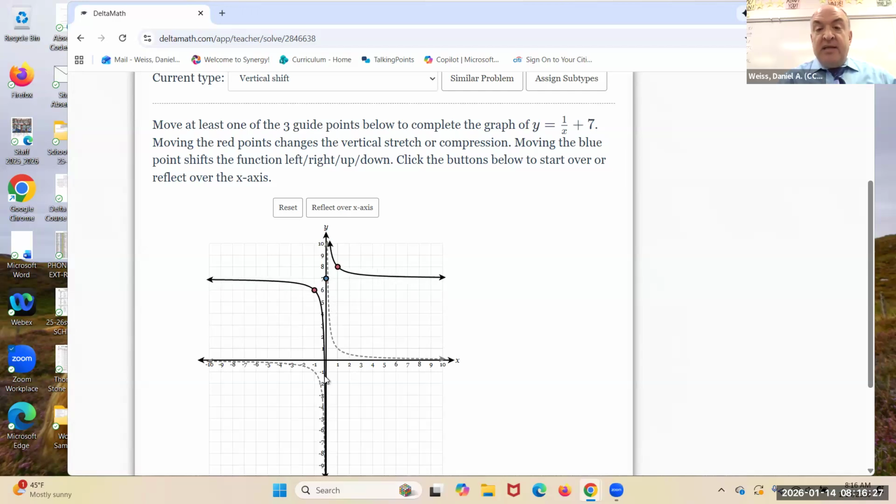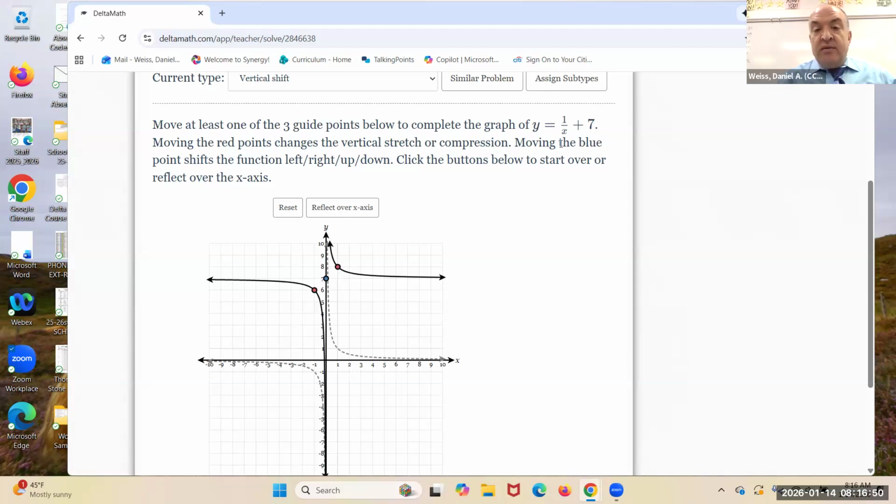Still keep in mind that x is 0, but it's 0 and +7. So when you have +7, you have to move the graph up, okay? Now, by the way, if I put in 1 for x, 1 divided by 1 is 1, plus 7 is 8. So makes this point good.